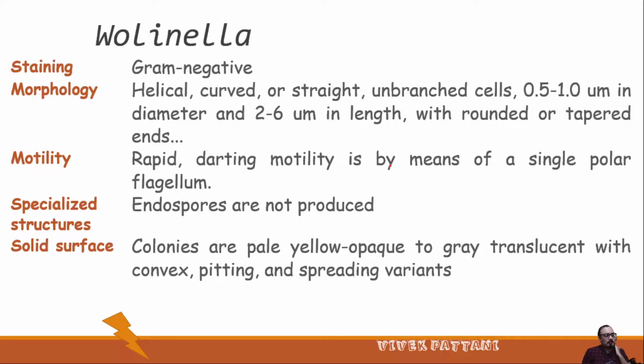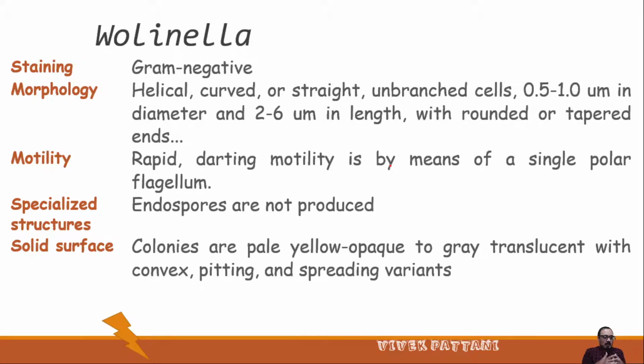They are generally gram-negative with a morphology that is helical, curved or straight, unbranched cells, about 0.5 to 1 micrometer in diameter and 2 to 6 micrometers in length, with rounded or tapered ends.